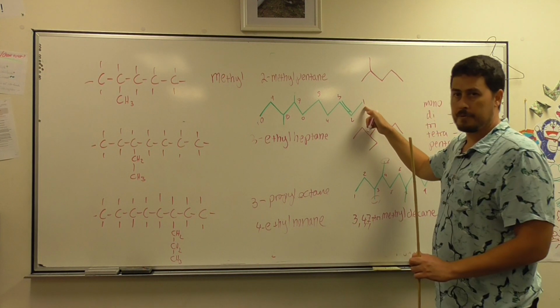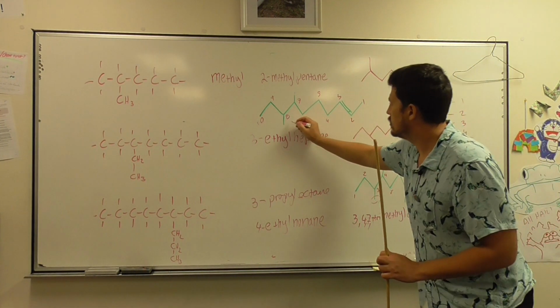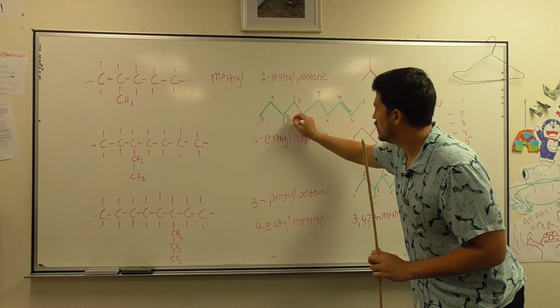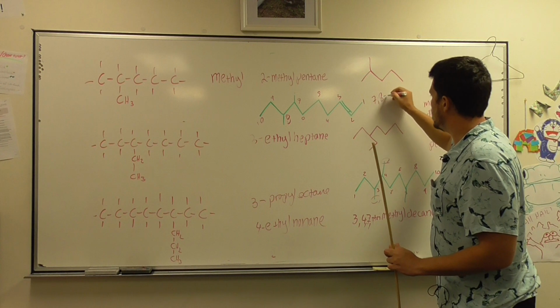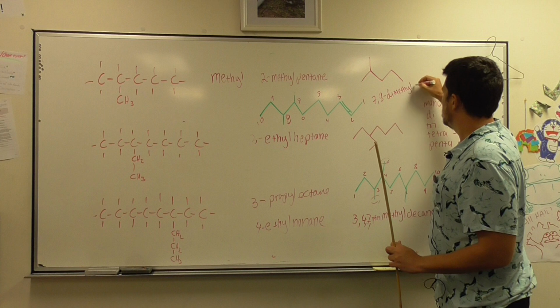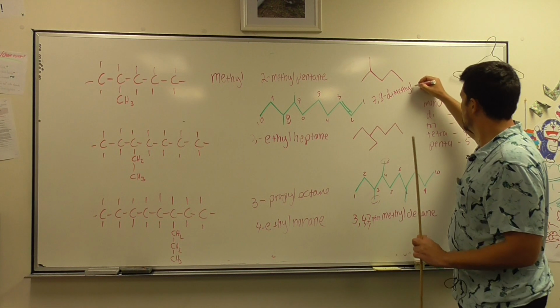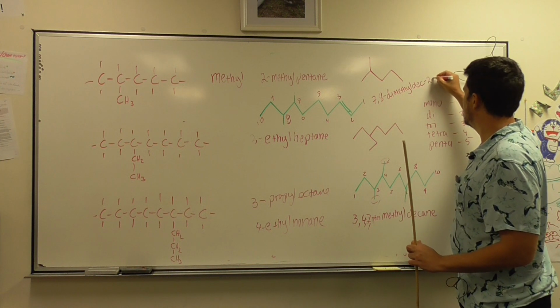Because we're going to be naming it from carbon number 1, it's going to be 7, well, that's a crappy 8. I'll do 7, 8 dash dimethyl dec dash 2 dash ene.